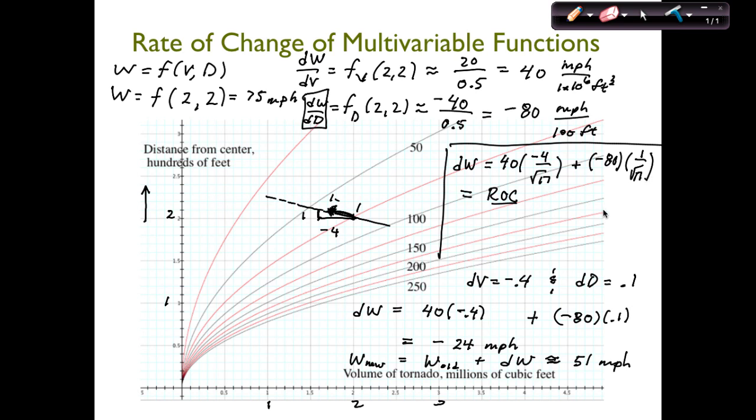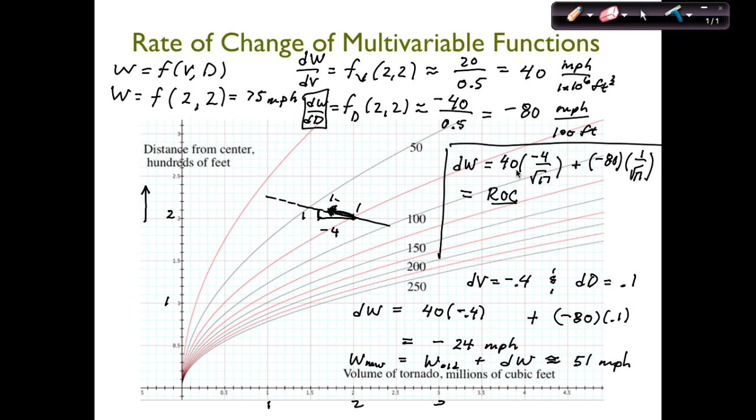Does that concept make sense? So taking these changes in that proportion, -4 to 1, if I find the amount of change dW where my overall change is 1, like a unit vector, like you said, then that change in W will be the same as the rate of change, right? Because rate of change is the change in W per 1 unit. And we're going 1 unit.